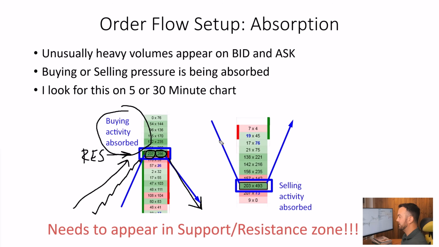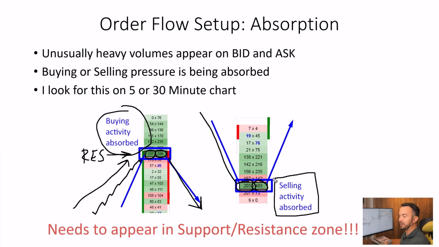If you look at the next picture here, the price goes down, and then there is this high volume node with heavy volumes both on bid and ask, and this means that selling activity is being absorbed here.